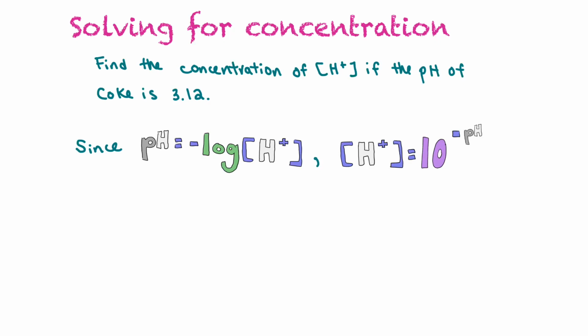So we'll take the anti-log of both sides, and we get 10 to the power of negative pH is equal to the concentration of hydrogen ions. So the concentration of hydrogen ions is equal to 10 to the negative 3.12, which is equivalent to 7.6 times 10 to the power of negative 4 moles per liter.